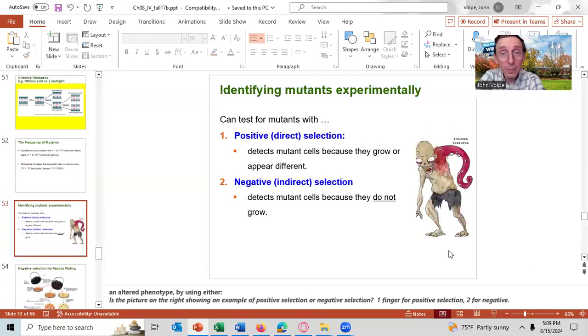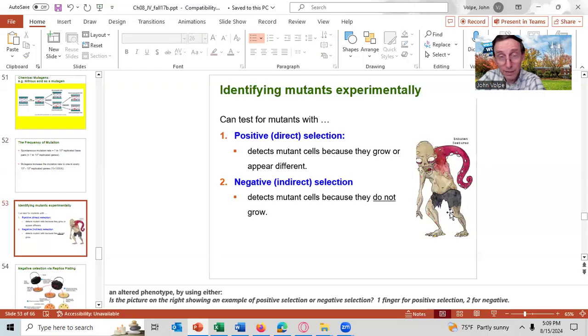All right, let's talk a little bit about identifying mutants. You can do this experimentally. You can test for mutants using one, positive or direct selection, or two, negative or indirect selection. A positive direct selection detects a mutant cell because they grow or appear differently. Like if somebody were to see that walking down the street, you'd say, yep, there goes a mutant.